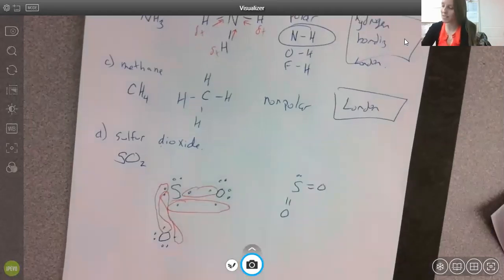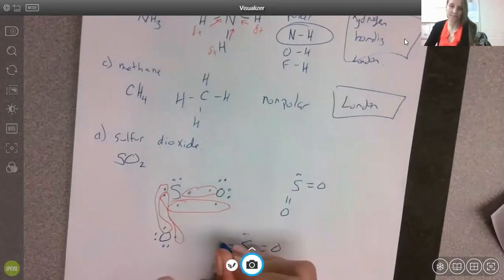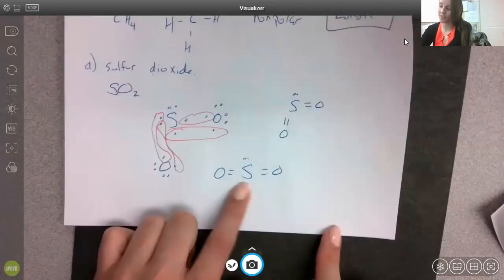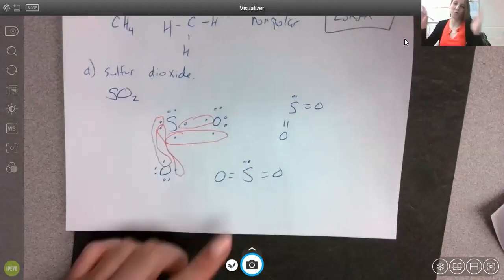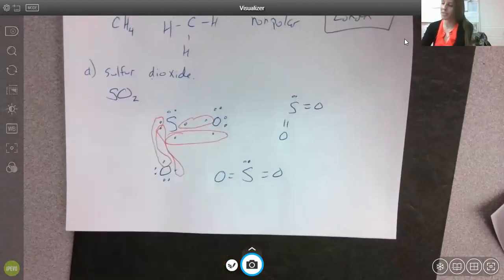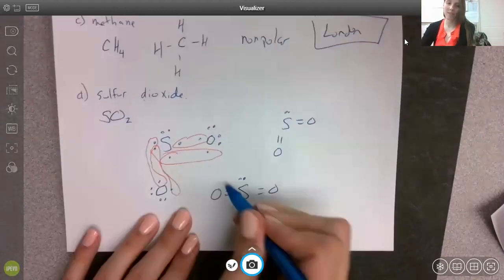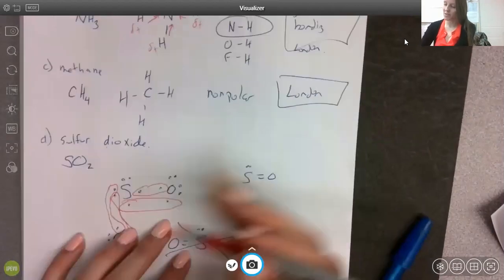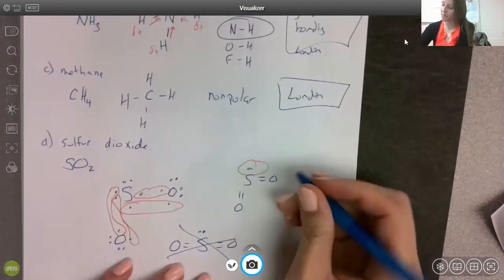It is important that you do not draw this like so. Do not draw it so that it looks linear. Remember, these extra electrons on the top are going to push these bonds downwards so that it's not linear, it's bent. These electrons also, the unbonded electrons on our central atom, tell us that this is polar.